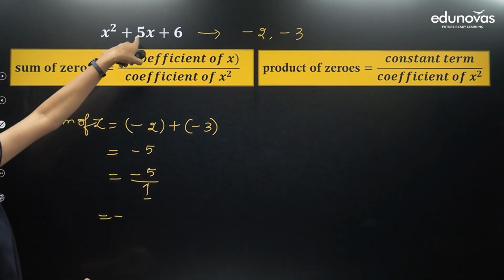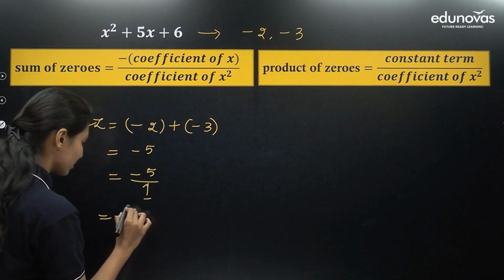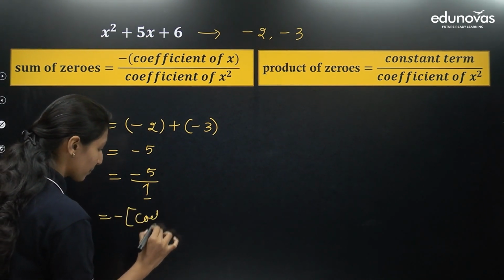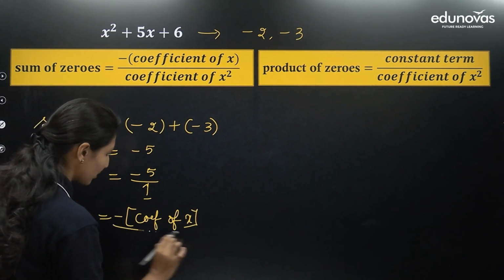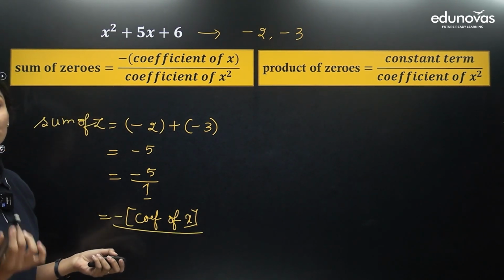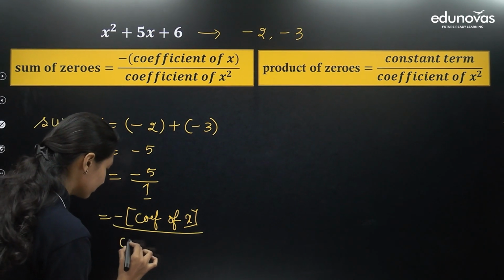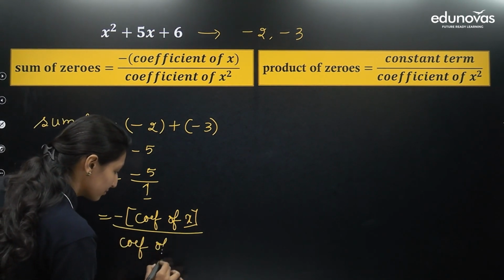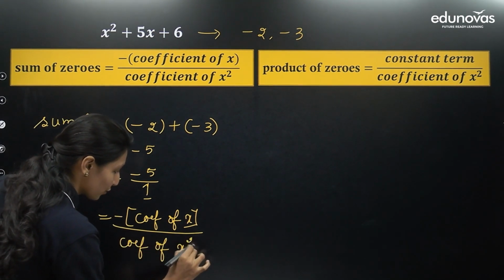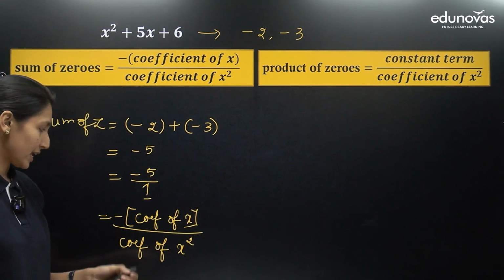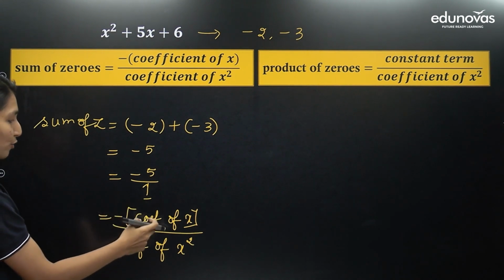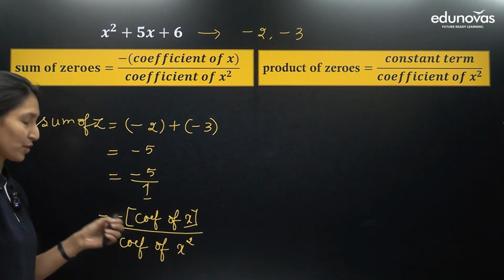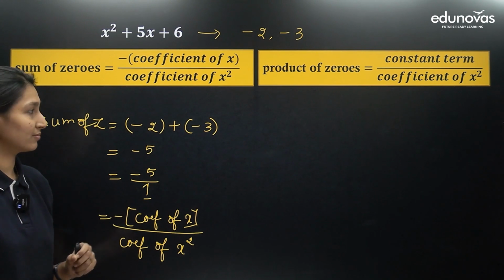It is the coefficient of x. And what is 1? It is the coefficient of x square. Hence we verify that the sum of the zeros is nothing but minus coefficient of x by coefficient of x square.